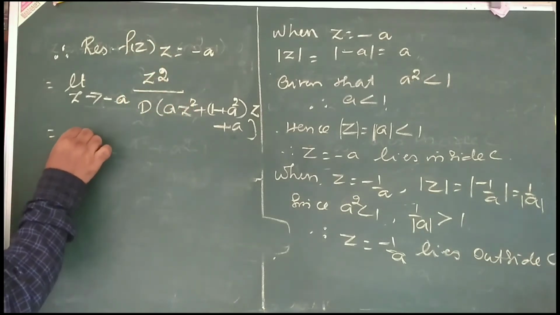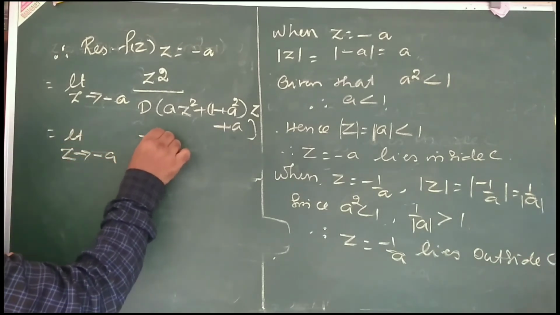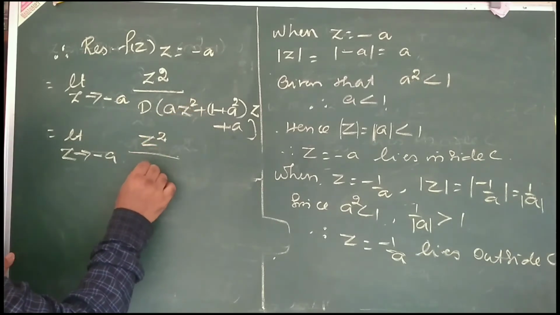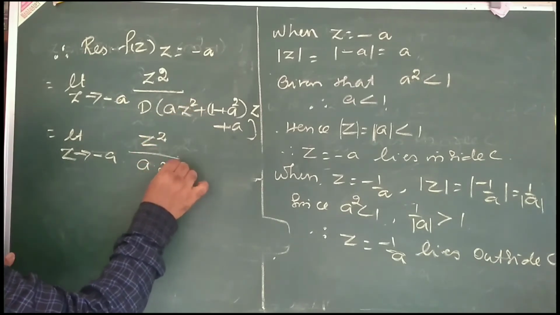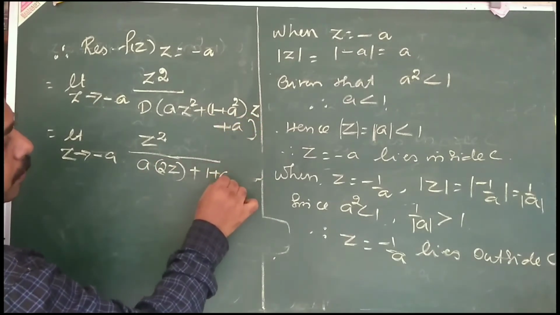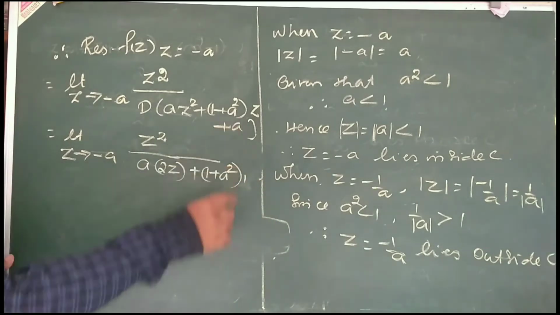So that is equal to limit z tends to minus a, z square divided by, now differentiate the denominator: a into 2z plus 1 plus a square into z differentiation is 1, and a, that is differentiation 0.